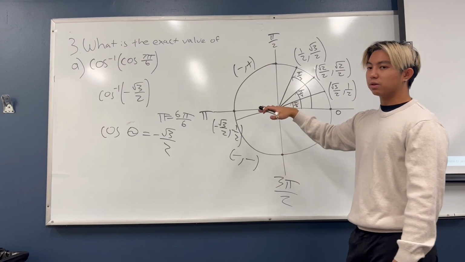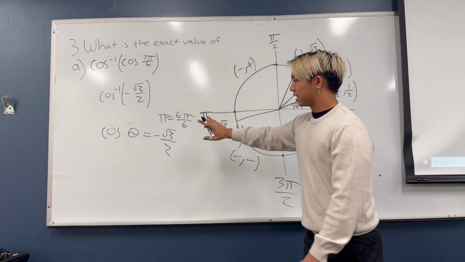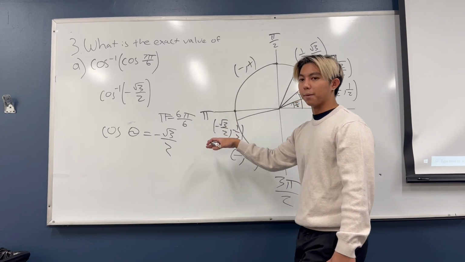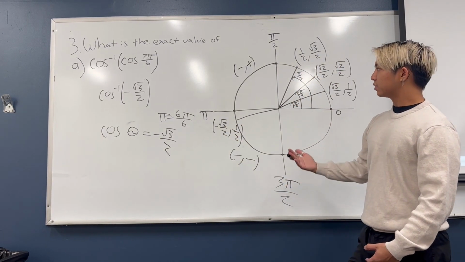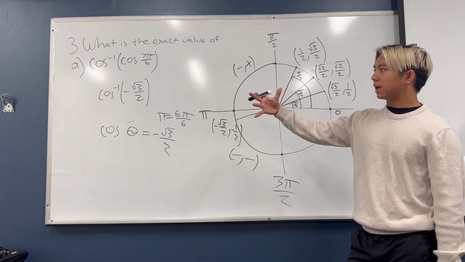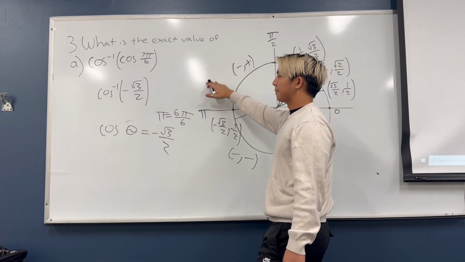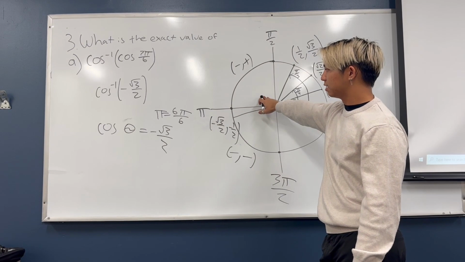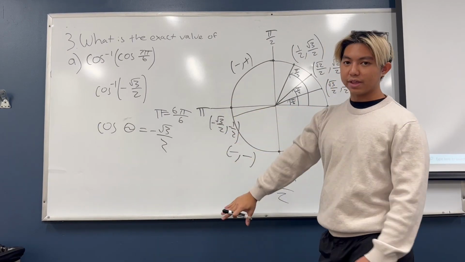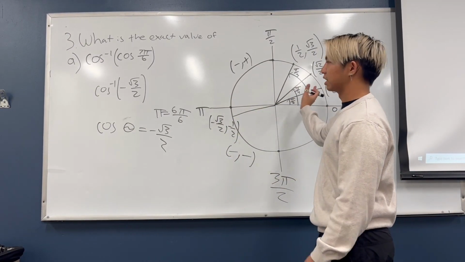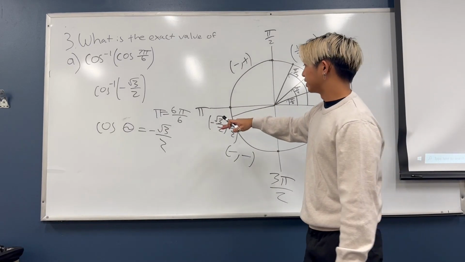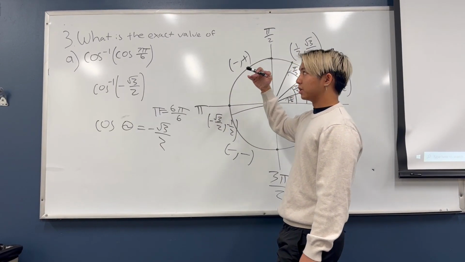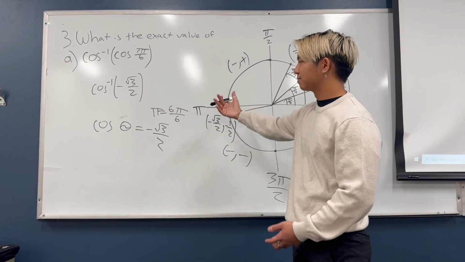So we need to find an angle somewhere in this domain where the cosine is negative square root 3 over 2. We know our main angle here is pi over 6, so we need an angle of pi over 6 that lands in quadrant 2. We use what's called the terminal angle. We take pi and subtract pi over 6.